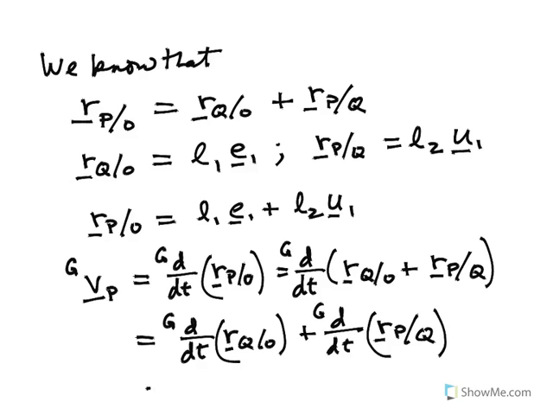So this, of course, if I write this out, is the velocity of point Q as viewed by an observer fixed to the ground. And then this is the velocity of point P relative to Q as viewed by an observer fixed to the ground. So let's do these pieces now.